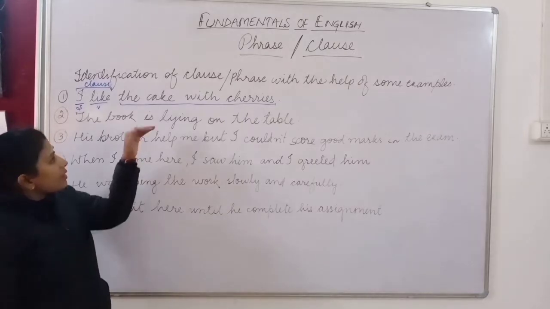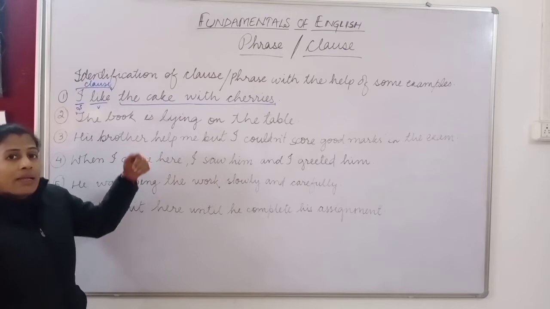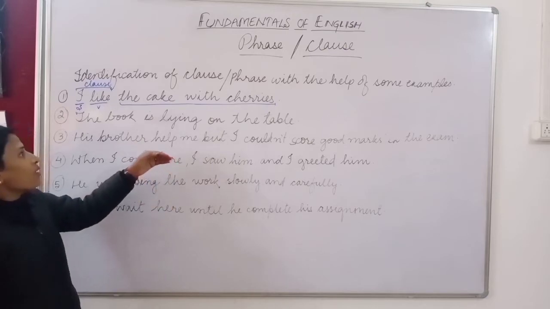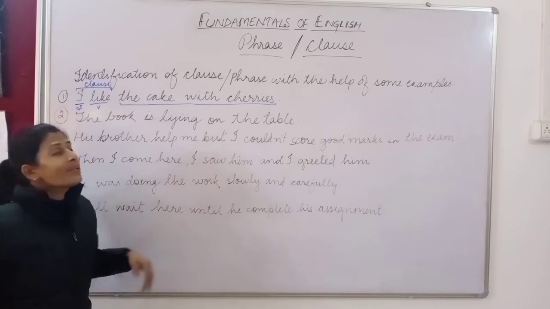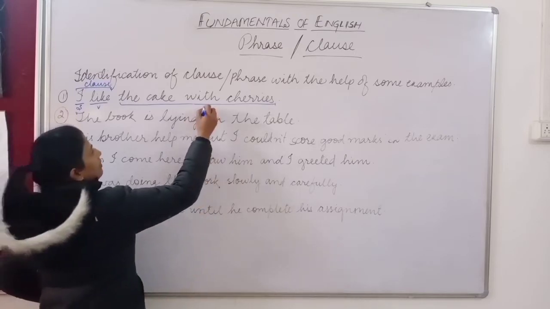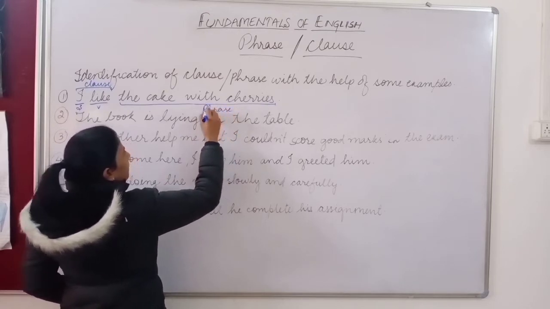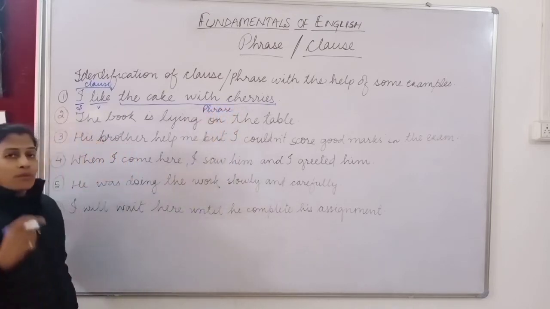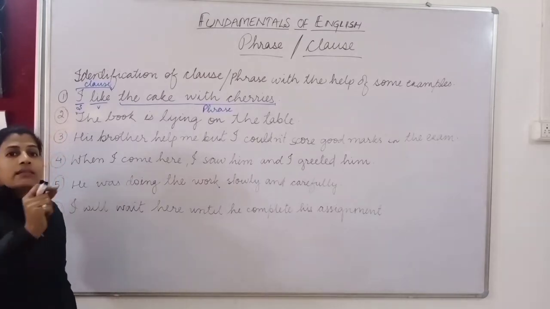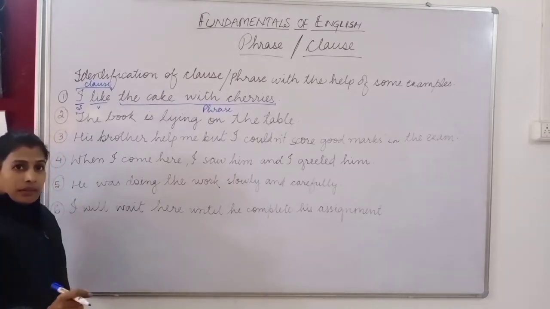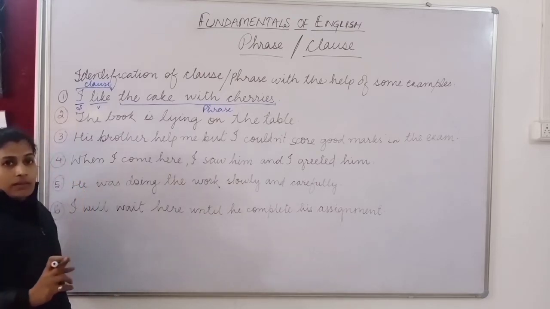The cake with cherries what? I like it, or I don't like it, or someone likes it. It can't convey the complete sense. So it comes under phrase. You have to simply remember that a clause contains a subject and verb combination, and a phrase cannot contain a subject and verb.